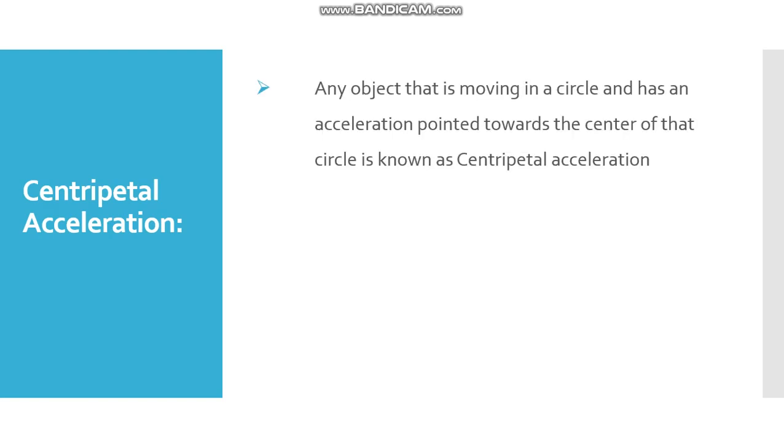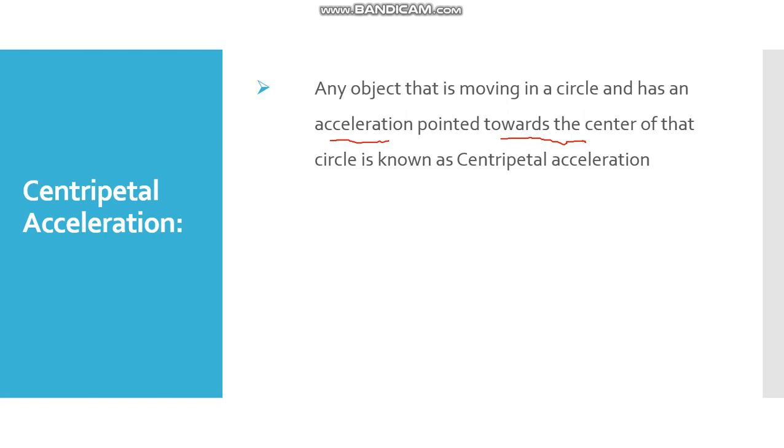Now centripetal acceleration. The definition is: any object that is moving in a circle and has an acceleration pointed towards the center of that circle has centripetal acceleration. Whenever a body is moving in a circular path, it produces acceleration, and that acceleration is called centripetal acceleration. Again, the direction of acceleration is pointed towards the center. As acceleration is a vector quantity, it has a direction also.